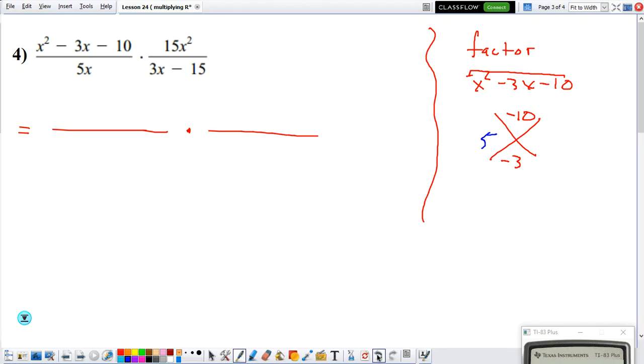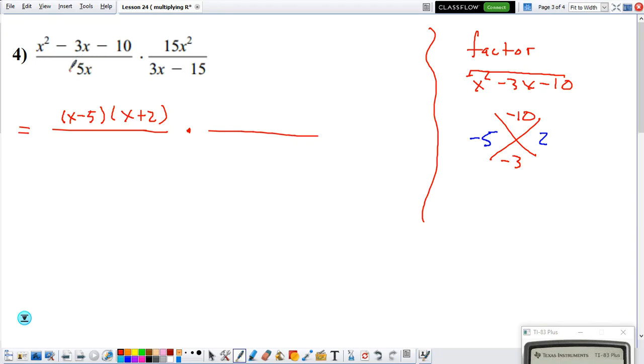That's 5 and 2, and you want negative 3, so that's negative 5. Let's check: negative 5 times 2 is negative 10, and negative 5 plus 2 is negative 3. So I can rewrite x squared minus 3x minus 10 as x minus 5 times x plus 2. Okay, so we factored out the top, so that's fine.